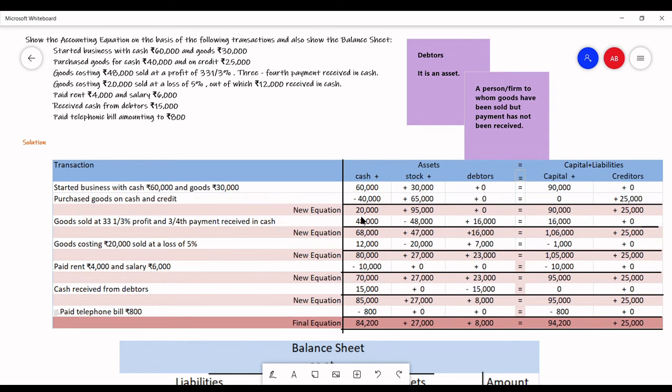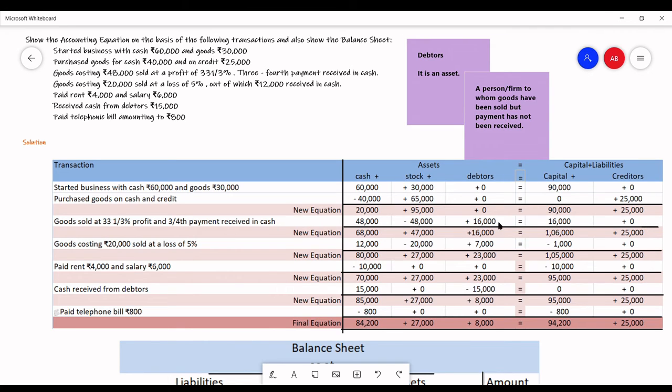The remaining portion which I have not received yet, but I am going to receive in the future, that increases my debtor. So below assets, there's another head of debtors, below which I have written an amount of 16,000.